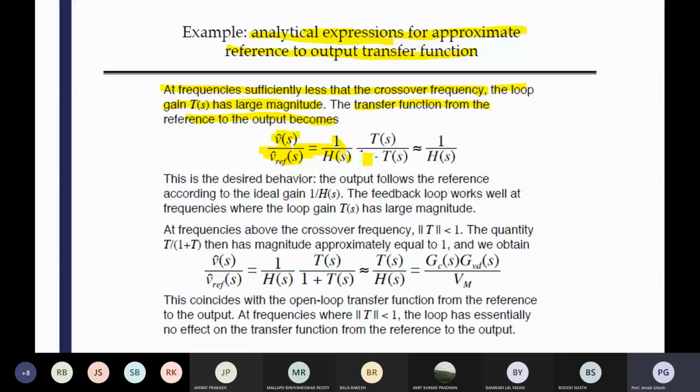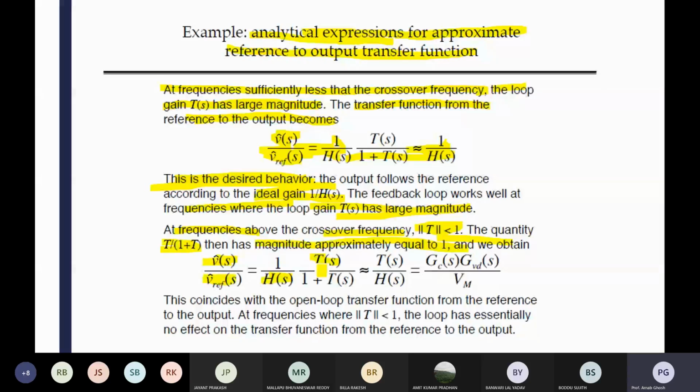The feedback loop works well at frequencies where the loop gain T(s) has a large magnitude, so you have to multiply that value. At frequencies above the crossover frequency, where mod T is less than 1, the quantity T by 1 plus T is approximately equal to T, and we obtain v(s) divided by v reference equal to 1 by H(s) into T(s) by 1 plus T(s).